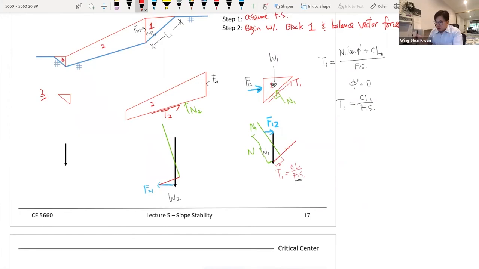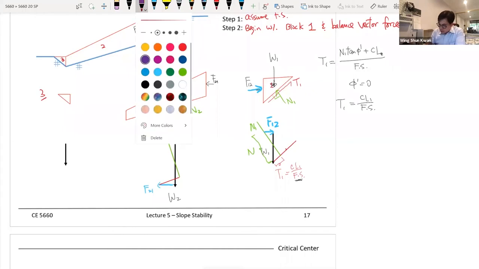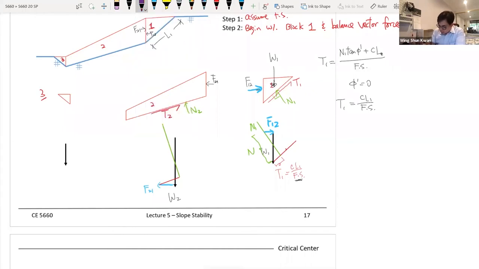This will help us find it now, because at the end of the day, we also assume that our internal force at the second from the third is at this orientation.